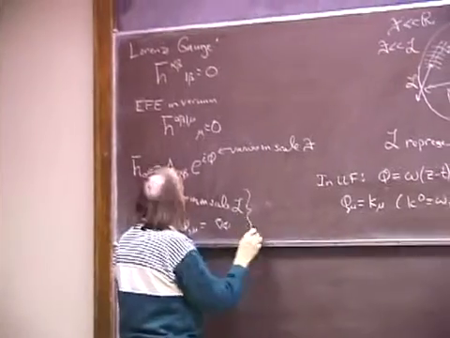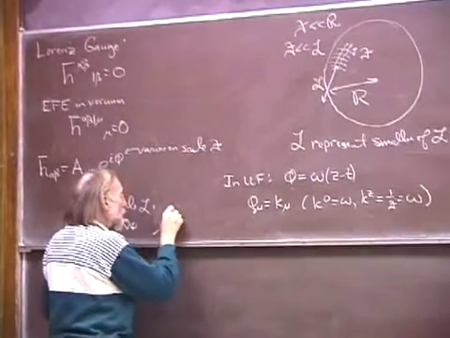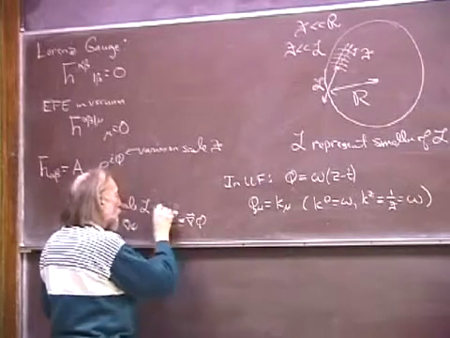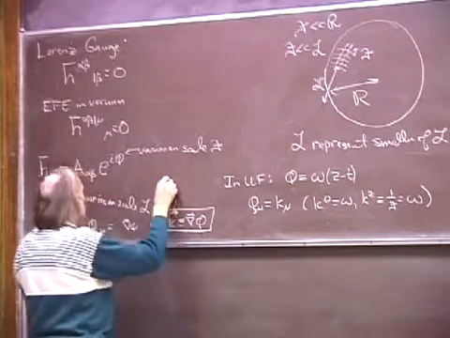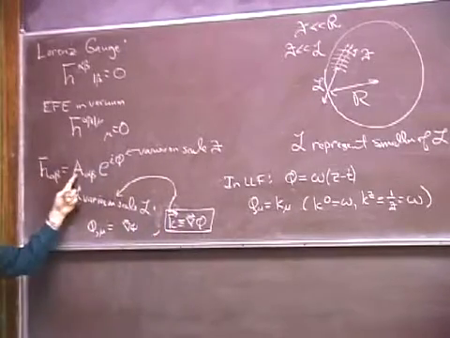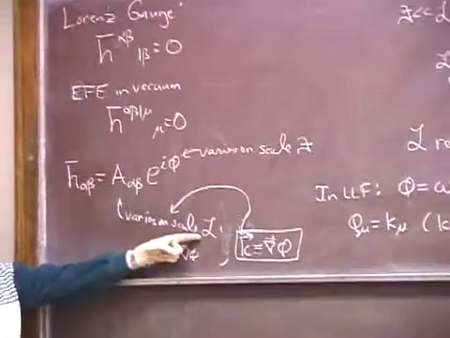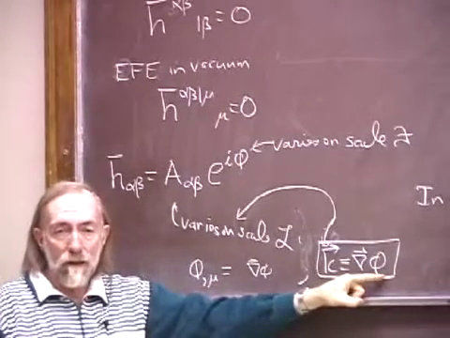It must be that I should define the wave vector as being equal to the gradient of the phase factor. And then it's an important point that the wave vector, like A, varies on this long length scale. The only thing that varies on a very rapid length scale is phi, the phase, and everything else varies slowly.